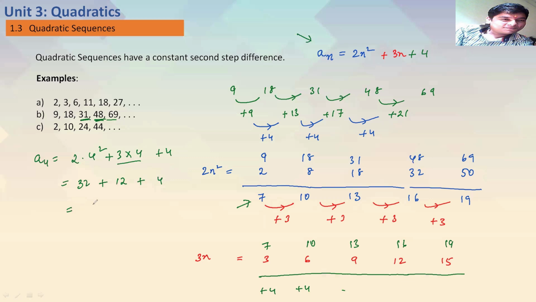What is it going to be in total? 48. See, we are getting the fourth term as 48, right? Yeah. Verified. Got the idea, boy?